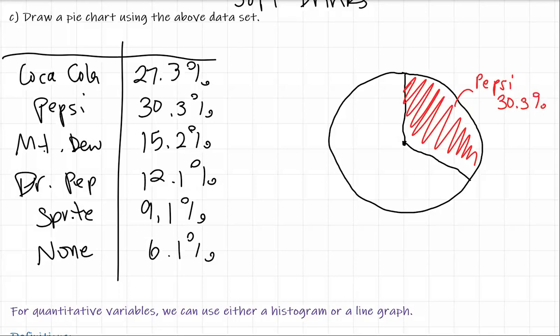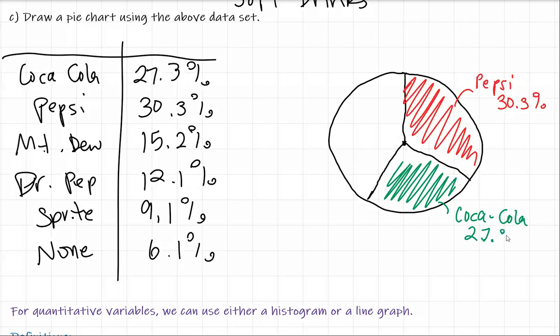And then we have Coca-Cola, which is at 27.3%. So it's a little more than, again, the quarter. So I would say probably maybe like right here. We can color that one green. Coca-Cola at 27.3%. Okay, and then we got our Mountain Dew, which is at 15.2.